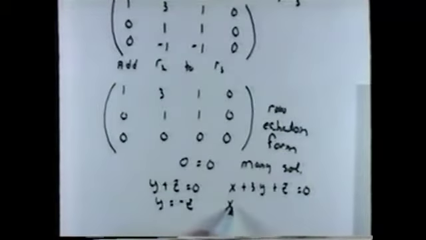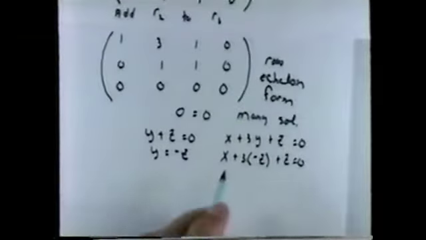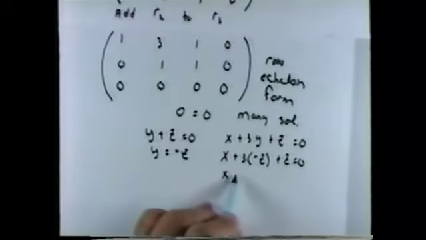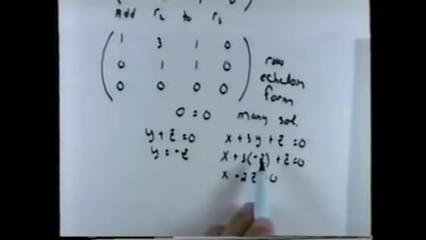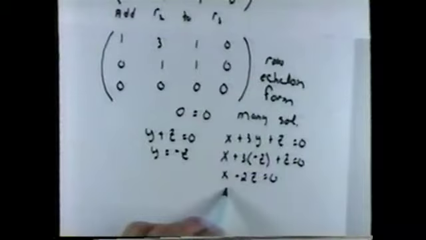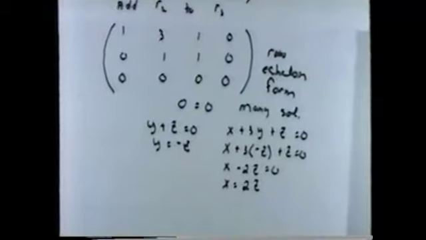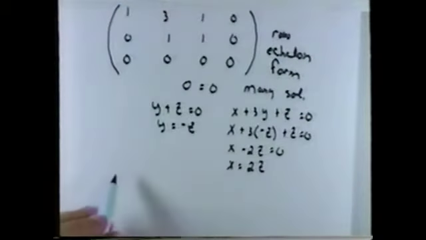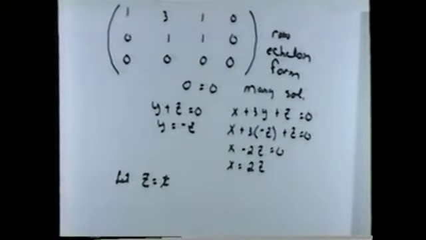So I have x plus 3 times, but y is negative z, plus z is equal to 0, which gives me x minus 2z is equal to 0, because negative 3z plus 1z is negative 2z, or I get x is 2z.